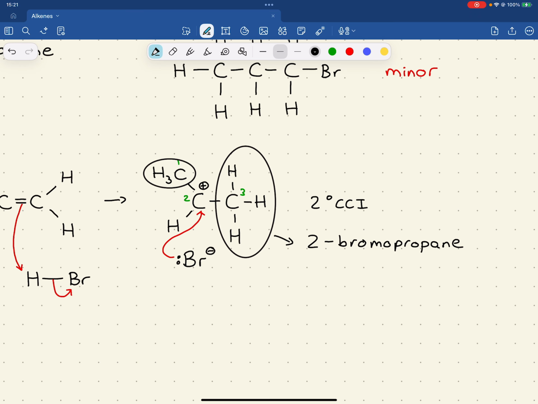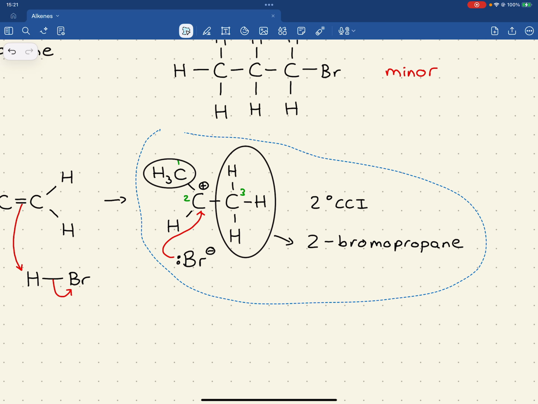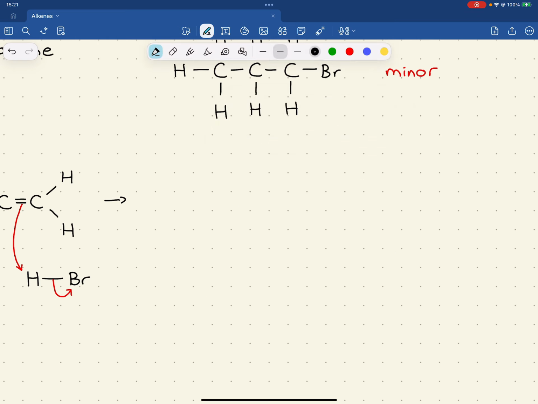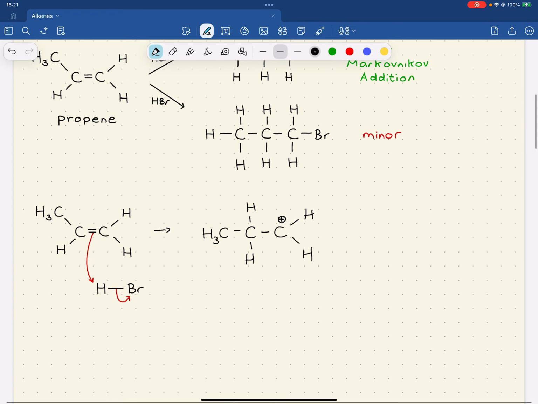Let's just prove that. If I was to show you what would happen if the hydrogen adds to the other carbon, in this case carbon 2, we've got the positive charge here on carbon 1.